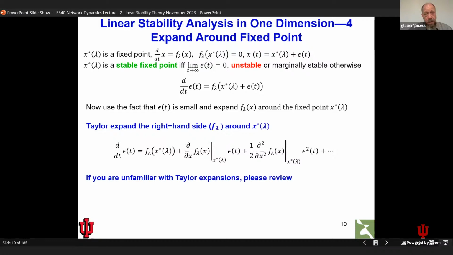And now I think everybody has probably run into a Taylor expansion at some point in their lives. This is something one typically does in high school, but it may be so long ago that you've sort of forgotten how they work. There aren't that many things that one has to remember in mathematics for engineering or science, but there are a few, one of which is that d by dt of x equals x is an exponential.